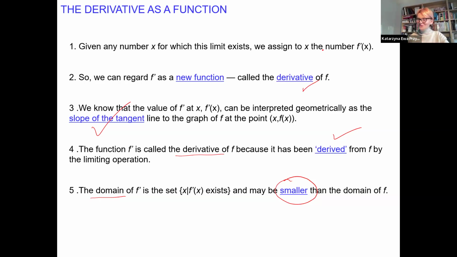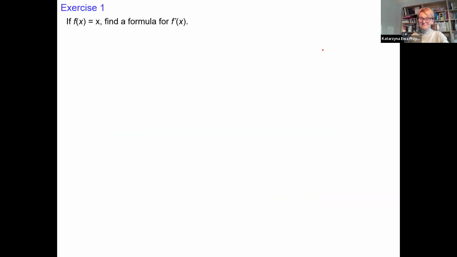Okay, easy notes. And let's start, because we will try to find a couple of derivatives as a new function, and hopefully we will find a pattern, and I will introduce one important formula, and then we can skip the limit way. The first function that I choose, nice and easy, x.